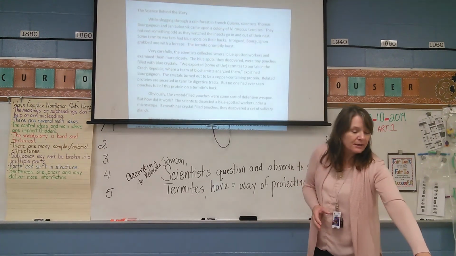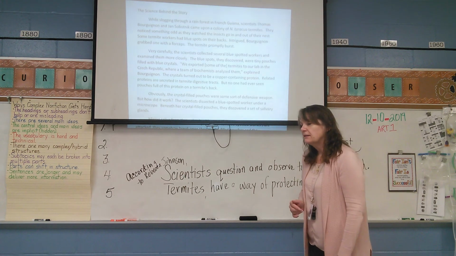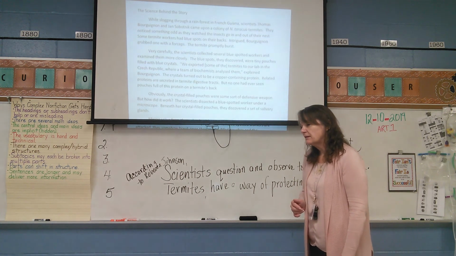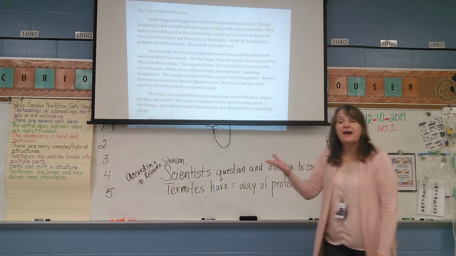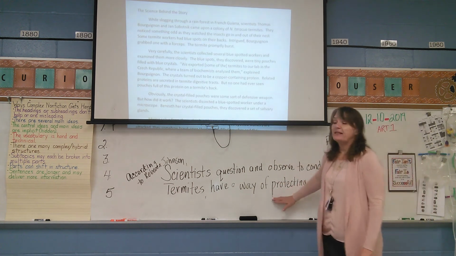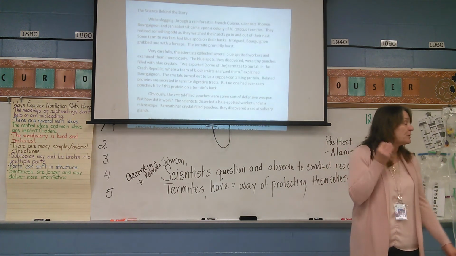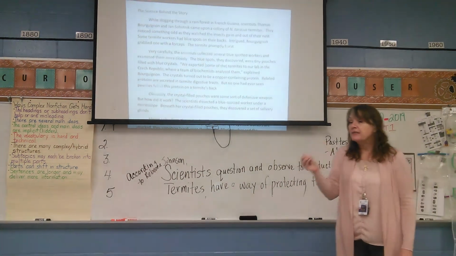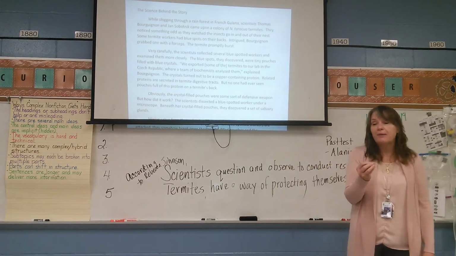Okay, I can't hear because there's conversation going on over here. Go ahead, Callie. In the third paragraph, it says, obviously, the crystal pouches was one sort of defensive weapon. Okay, so we know that a good detail is that they have these pouches that are filled with a blue crystal. Okay, that's important, right? Because that's the way that they protect themselves.